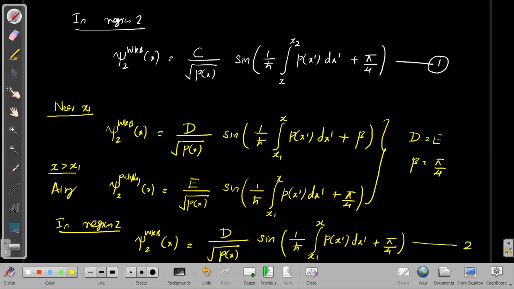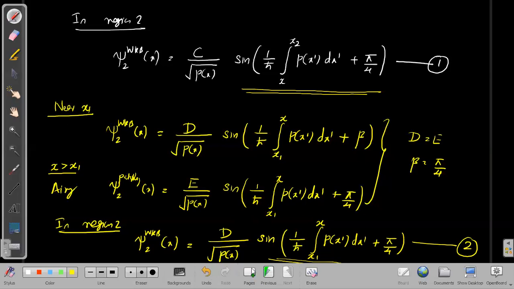So actually both these equations, equation number 2 and equation number 1, must be same. Okay, so that means this quantity and this quantity must be same. Now from that we can calculate or prove the quantization condition for energy. Okay, so better we can start from equation number 2.